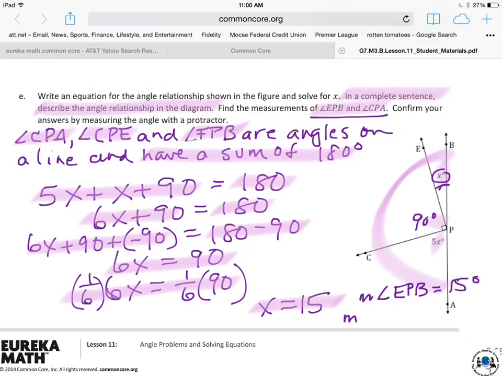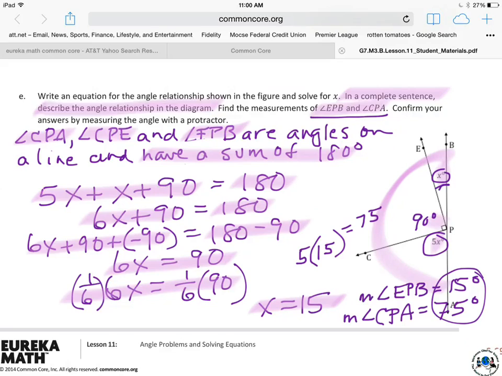And then the measurement of angle CPA equals 5 of those x's. So if we do 5 and then plug in our 15 for x, we know that it equals 75. So that equals 75 degrees. And those two together, of course, are 90, plus another 90 is going to give us that 180.